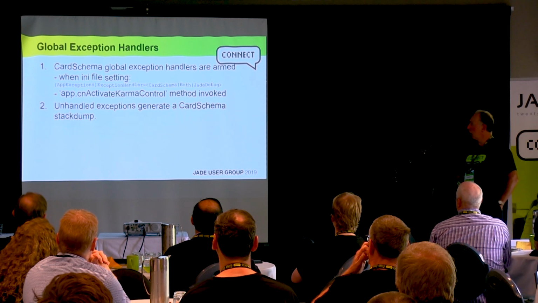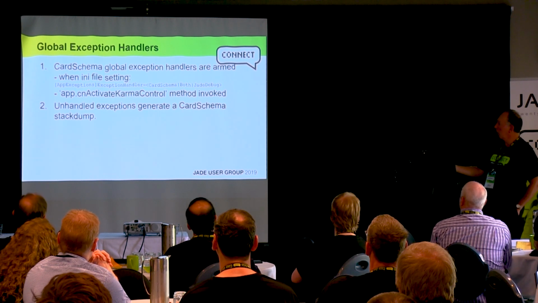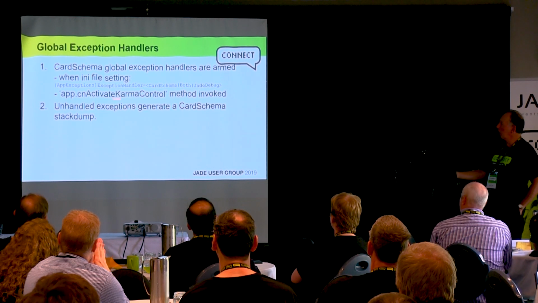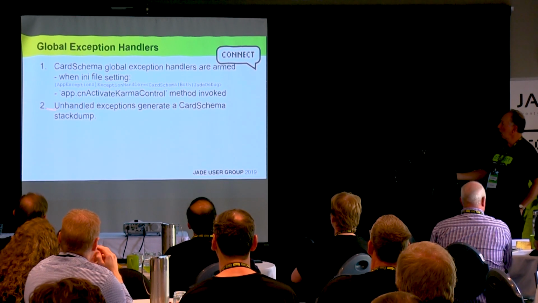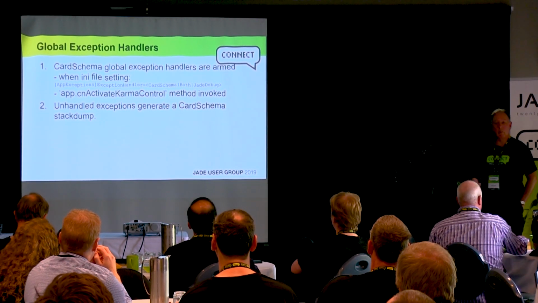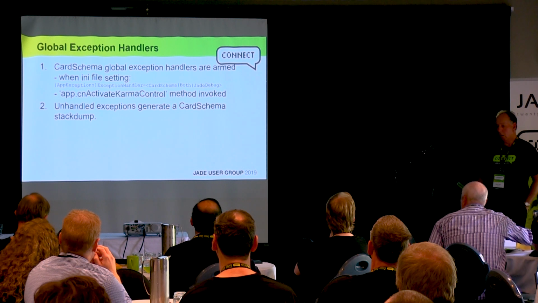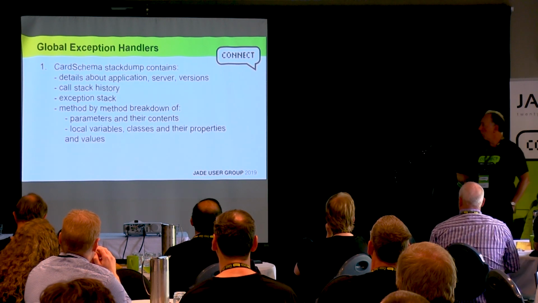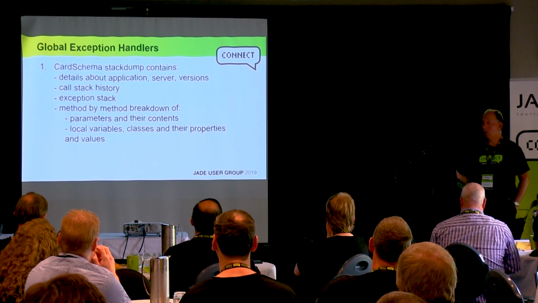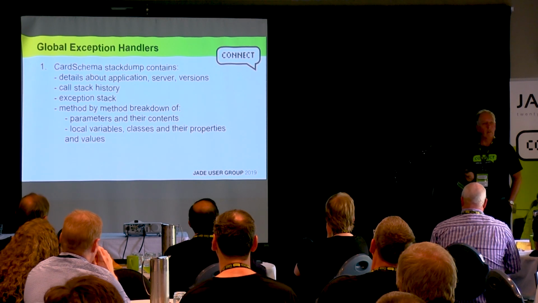The card schema global exception handlers are armed when you've got the any file set to that, and you've activated calm control. Unhandled exceptions will generate a card schema stack dump. And the card schema stack dump is quite detailed. I don't know if everybody has used it.